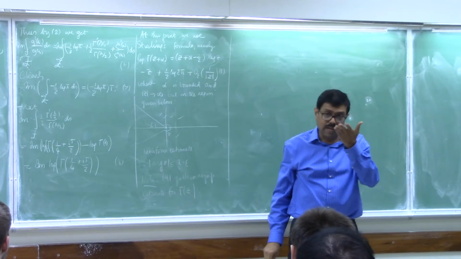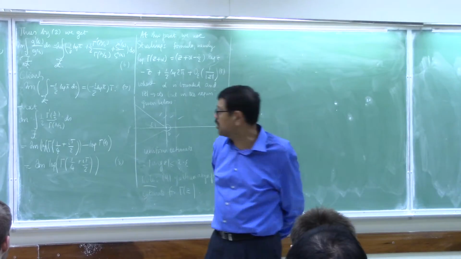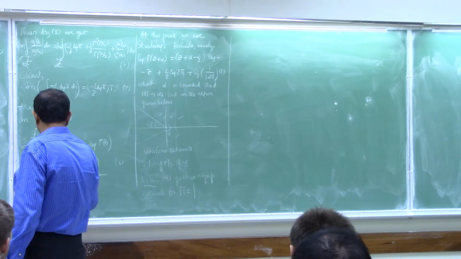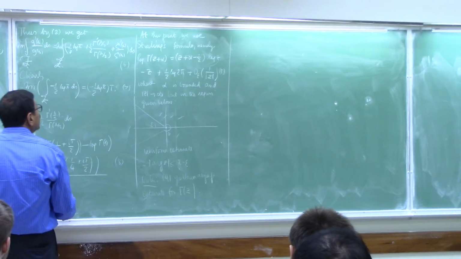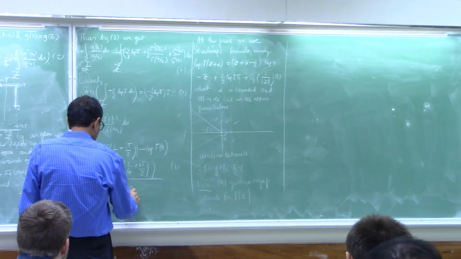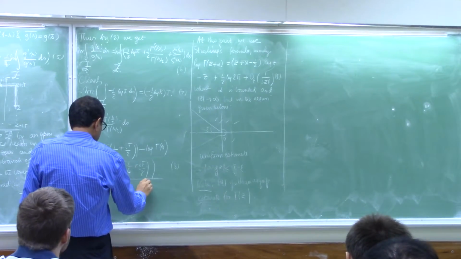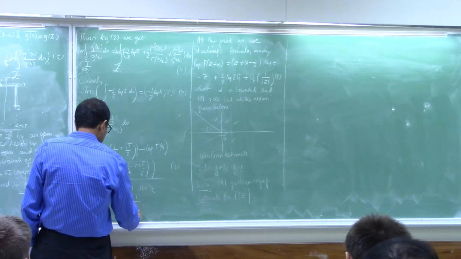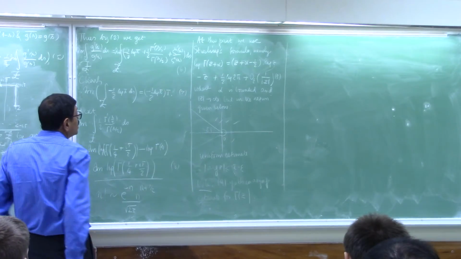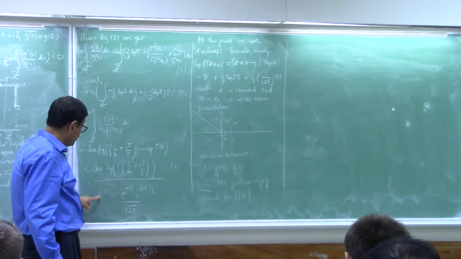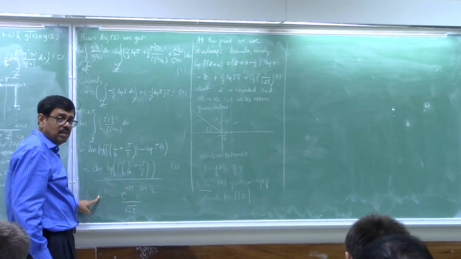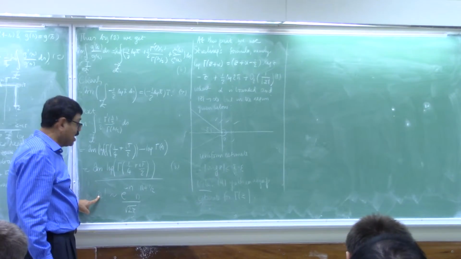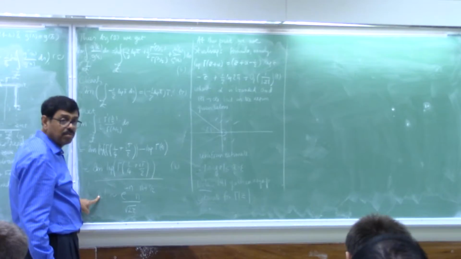So the celebrated formula for n factorial that we have, just write it down here, is asymptotic to e to the minus n to the power n plus half divided by square root of 2 pi. That follows from this. See, the logarithm of n factorial is going to be your n log n minus n. That's going to be the main term.